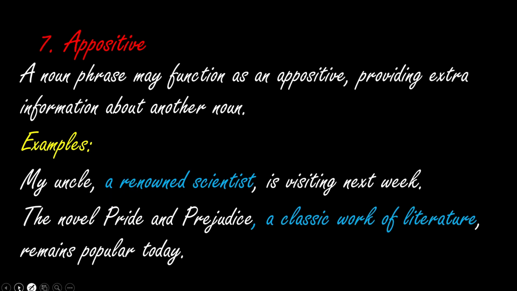We could also find noun phrases as an appositive by providing extra information about another noun. We have here, for example: My uncle, a renowned scientist, is visiting next week. We have here my uncle, which is the subject. And we have here a renowned scientist.